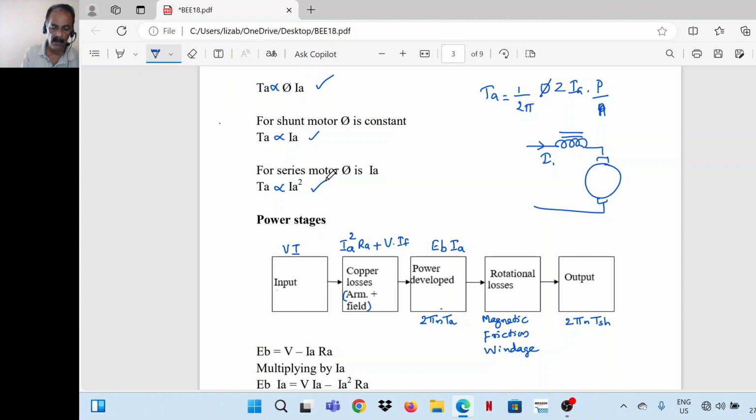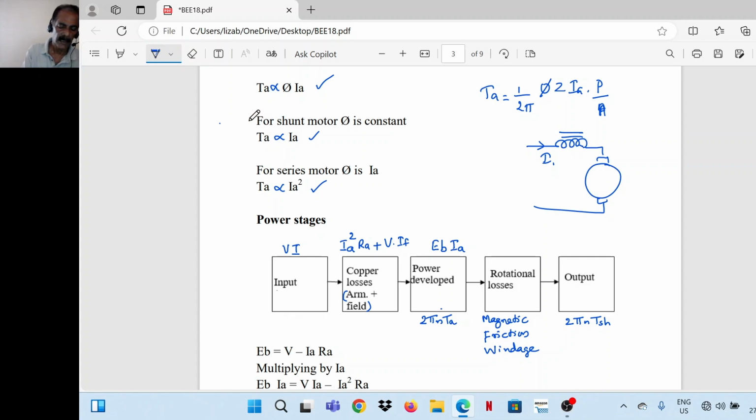You can write torque is proportional to the square of the armature current. But this is valid only up to the point of saturation. Once the field poles are saturated, phi will not increase with increase in IA. Even though armature current increases, phi will not increase proportionately. Only a marginal change will be there. So T is proportional to IA square till saturation.